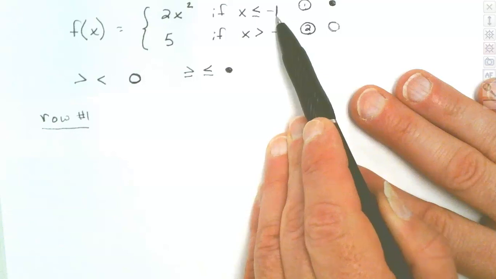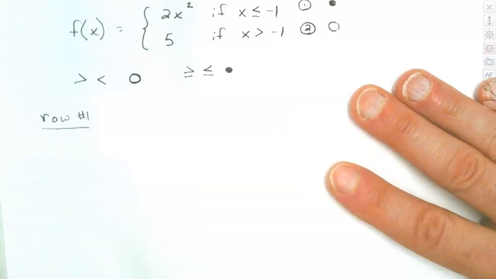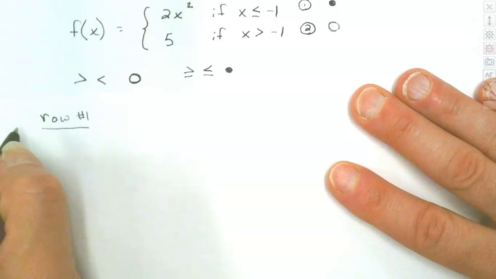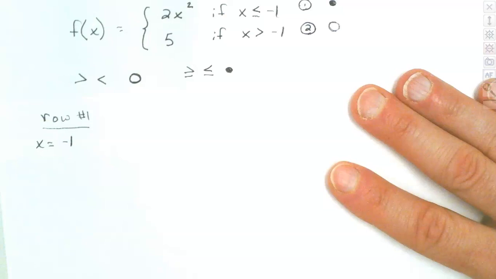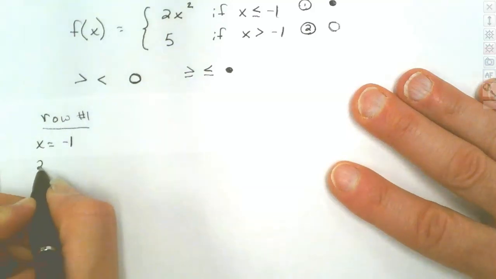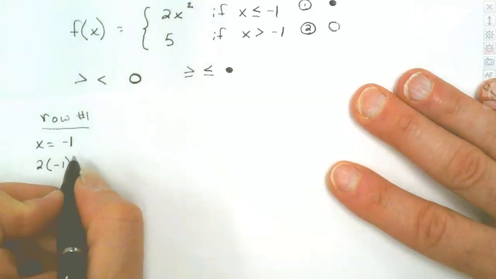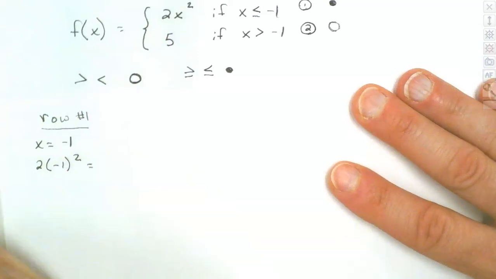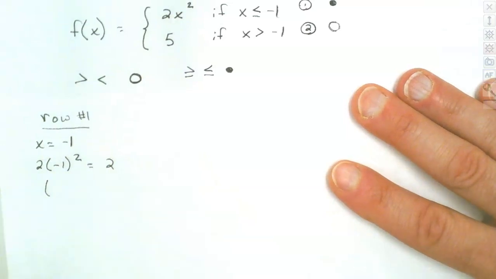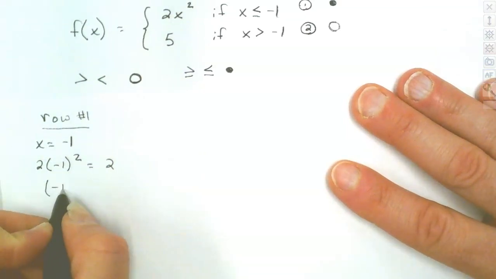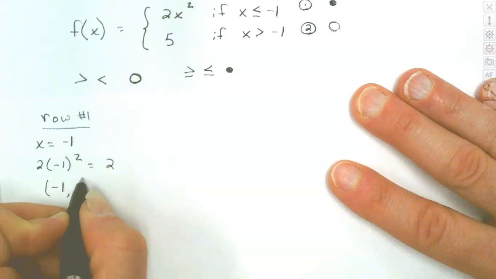So in row number 1, we're going to plug in a -1. What do I get? I get 2 times a -1 squared. -1 squared is 1, times 2 makes it 2. So my first ordered pair is -1, +2.